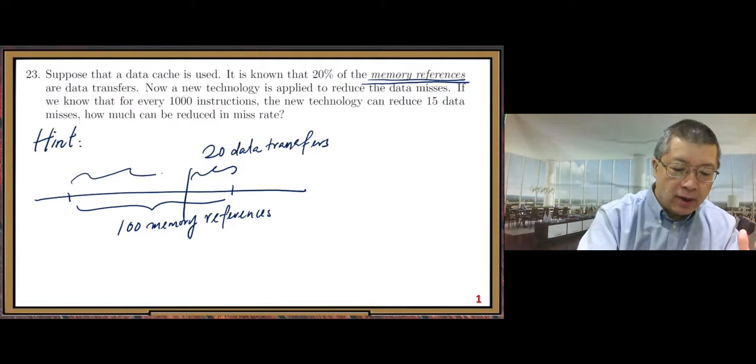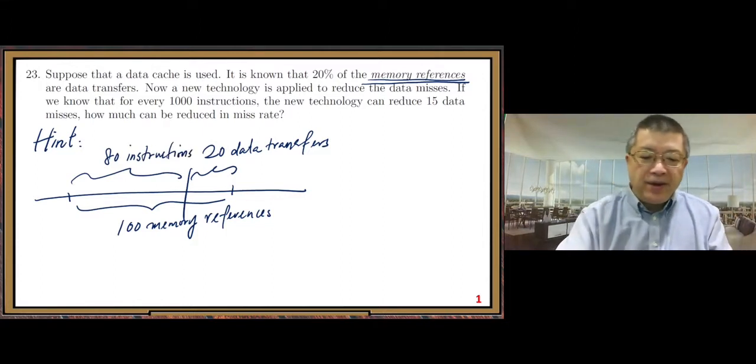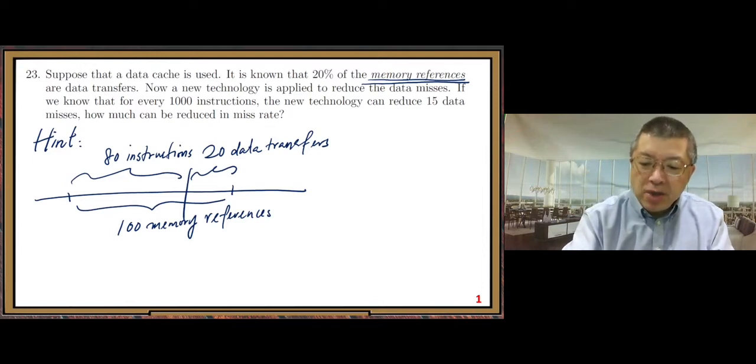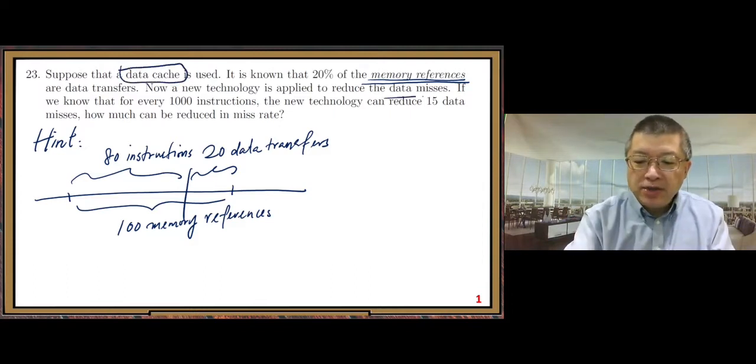The remaining 80 are instructions. All right, in this way. Then the new technology is applied to reduce the data misses. Here, remember, we are considering the data cache, data misses.